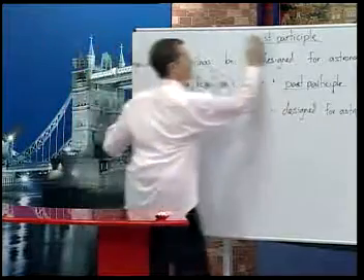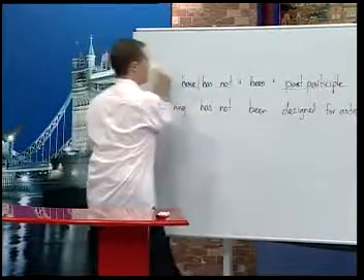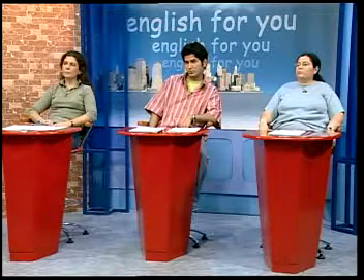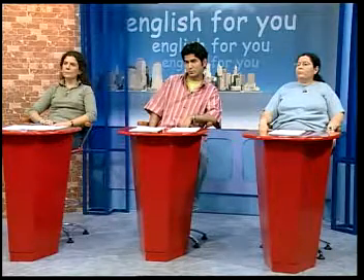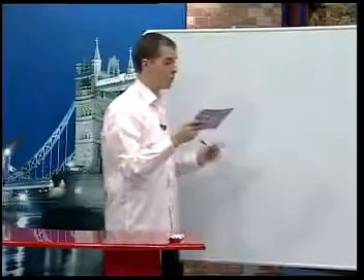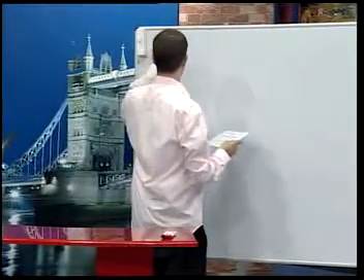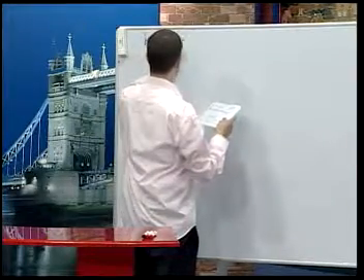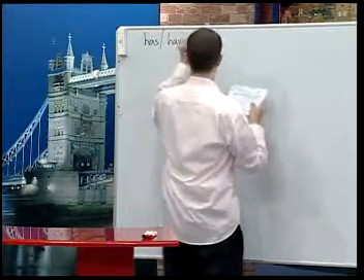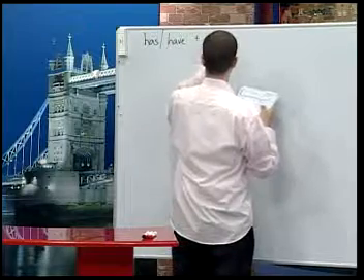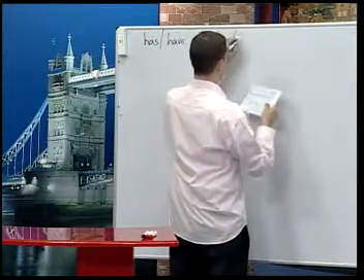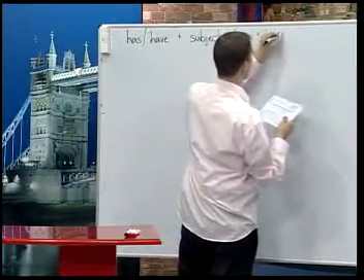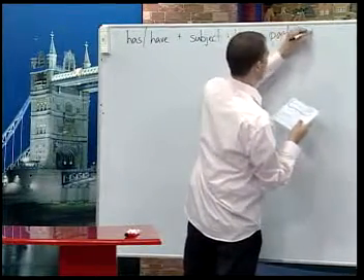Okay, let's take this off the board and have a look at yes/no questions. So, yes/no question, using the passive voice of the present perfect, we use this formula. Has or have plus subject plus been plus past participle.